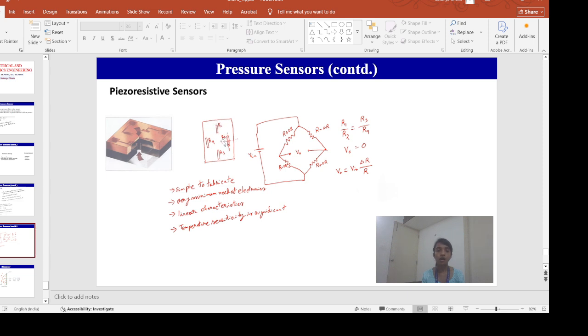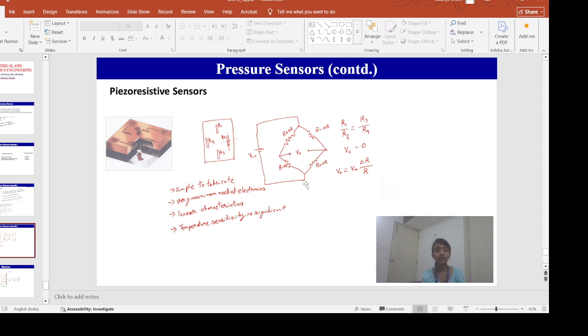So this R1, R2, R3, R4 are in the form of a Wheatstone bridge. Let's say this is R1 initially, this is R2, this is R3, this is R4. We know that when R1 by R2 equals R3 by R4, the bridge is balanced. That means the voltage difference between this point and this point is 0.